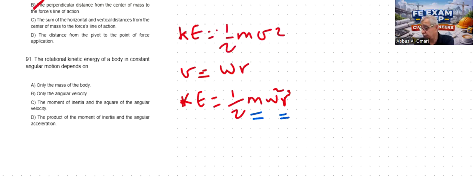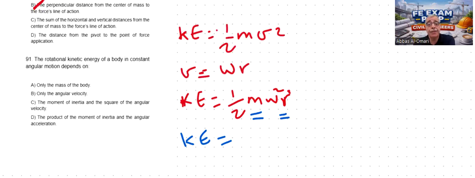So kinetic energy equals the moment of inertia multiplied by the square of the angular velocity. So the correct answer is C, the moment of inertia and the square of the angular velocity.